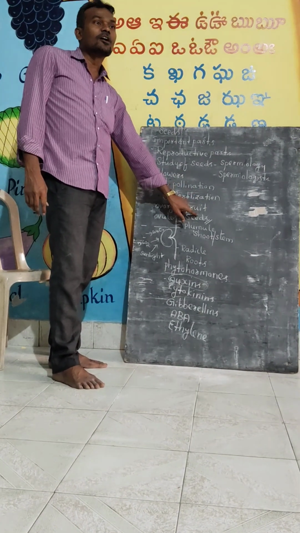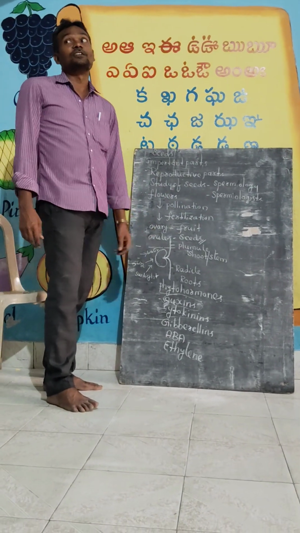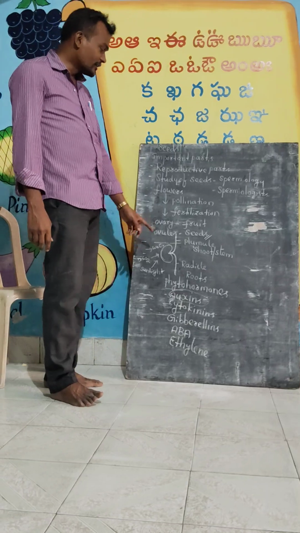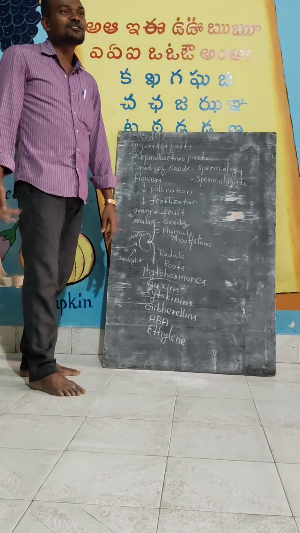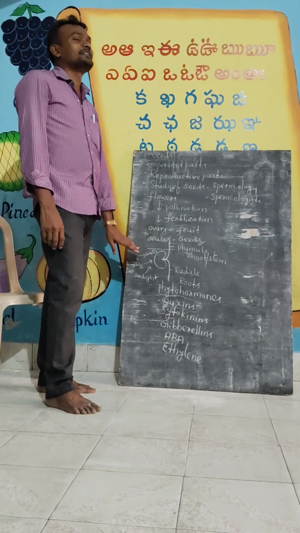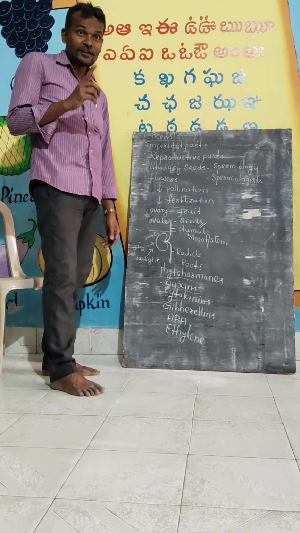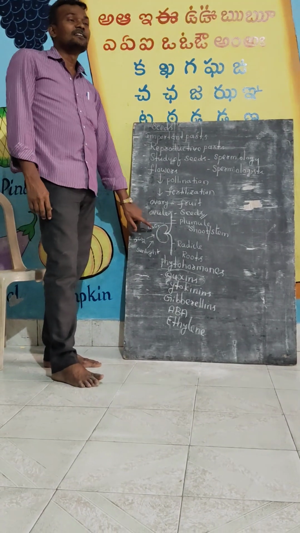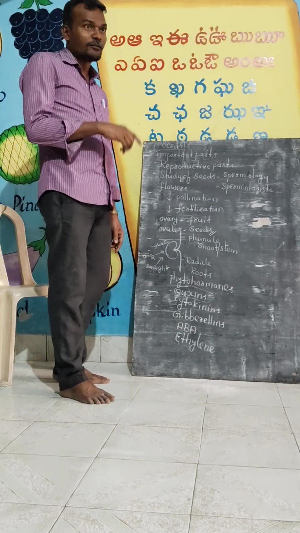Okay. So seeds are developed by the pollination as well as the fertilization process. Okay. So let us discuss how new plants develop from the seed. You know very well, seed is one of the most important parts of the plant, and seed is also called a reproductive part of the plant.